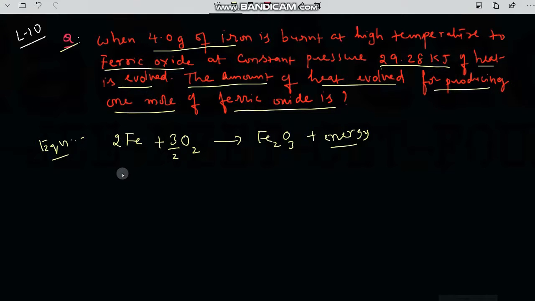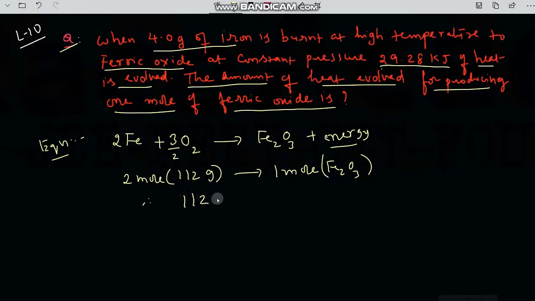equation, we came to know that 2 moles of iron, which equals 112 grams, is giving 1 mole of Fe2O3, ferric oxide. What is the meaning of this? 112 grams of iron will give, suppose, x kilojoules per mole of energy.